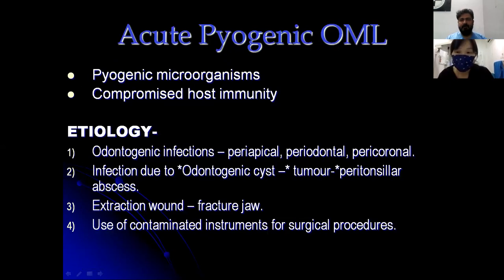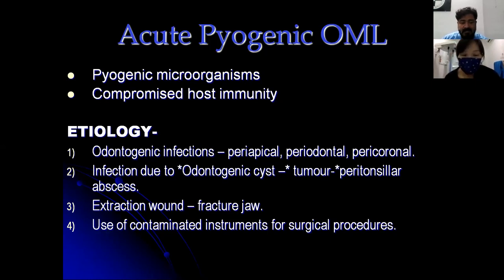Then we have acute pyogenic osteomyelitis. Pyogenic microorganisms are involved, with compromised host immunity. The etiology is odontogenic infections: periapical, periodontal, and pericoronal infections. Infections due to odontogenic cysts, tumors, peritonsillar abscess, extraction wounds, fracture of the jaw, use of contaminated instruments for surgical procedures.